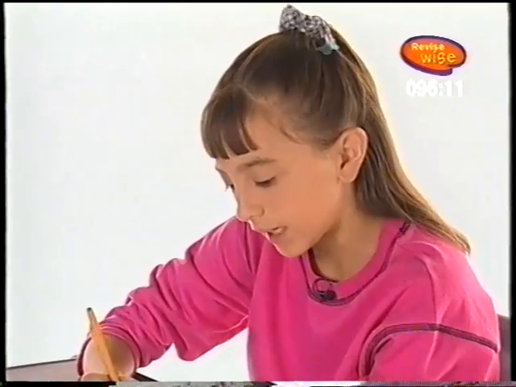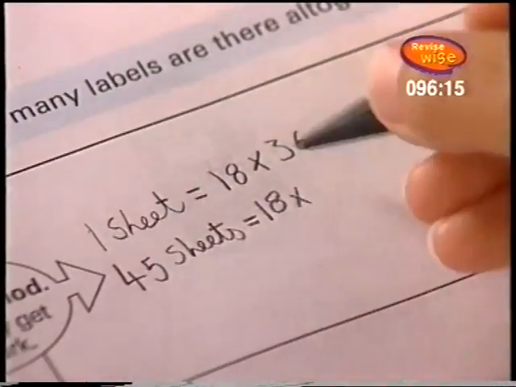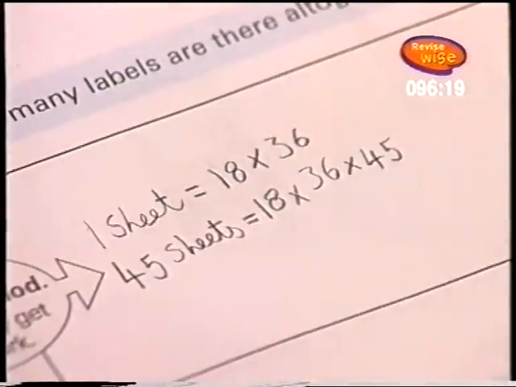Oh, I see. They want to know how many labels there are on 45 sheets. Yeah, imagine it in your head. Well, if one sheet has 18 times 36 labels, then 45 sheets has 45 times that? Yes, and show your workings out. Then 45 sheets has 18 times 36 times 45 labels.